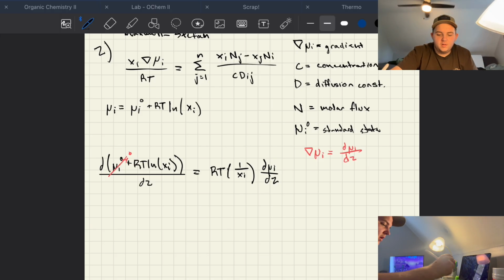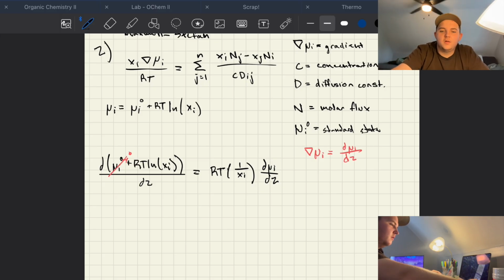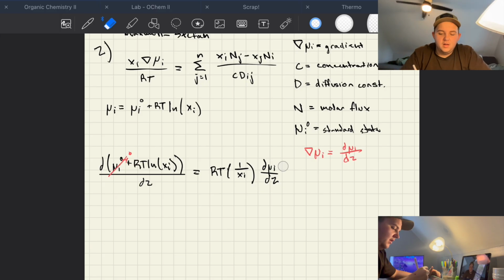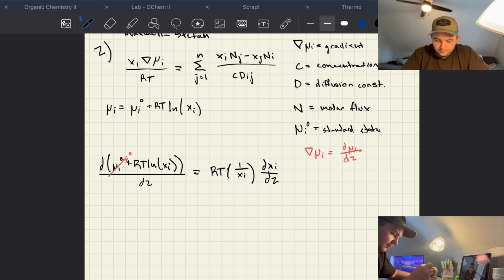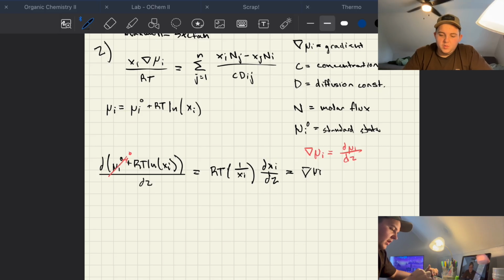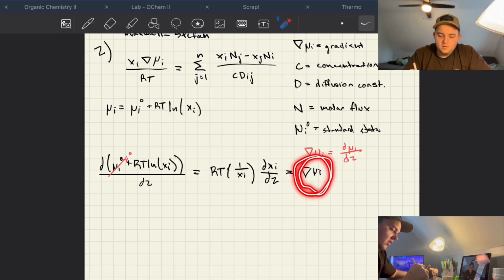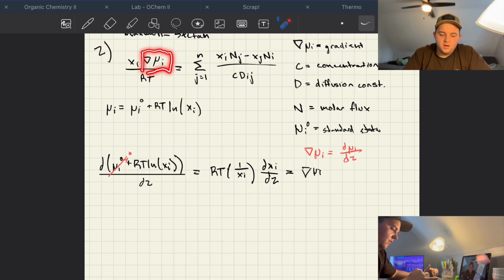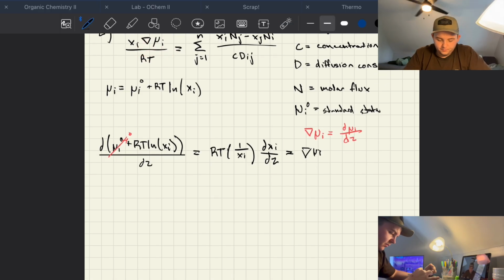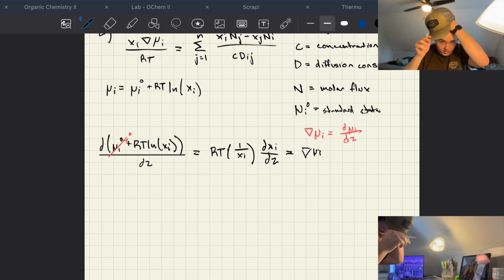So, oops, that looks good. Oh, oops, hold on, gotta get my camera back. There we go. This is not mu_i, this is x_i, or our mole fraction i. And then that is equal to above, so our gradient of mu_i. So now we plug this in, this mu_i, that looks really bad, but that will take this spot in our Maxwell-Stefan equation. So we're going to add that quickly.